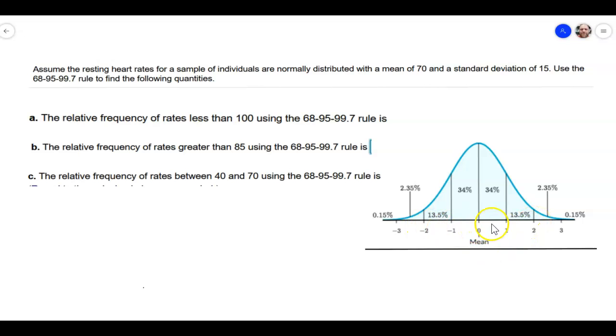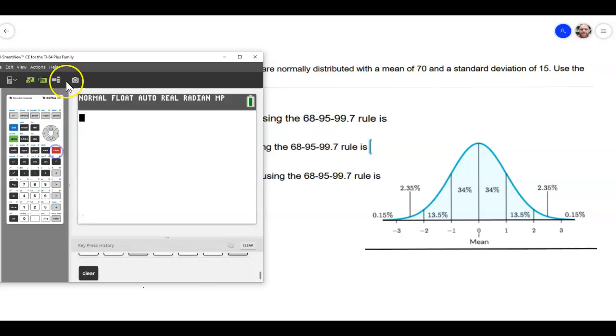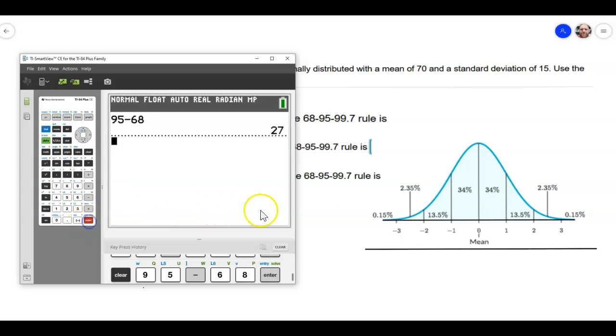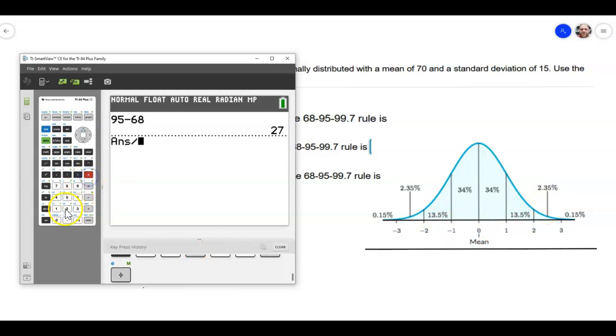Well, one is 68%. So let's look at it this way. 95% minus the 68% that we already used, we have 27% left. And these two sections here are the same. So we divide those by 2. And that's how we get our 13.5% for both of those.